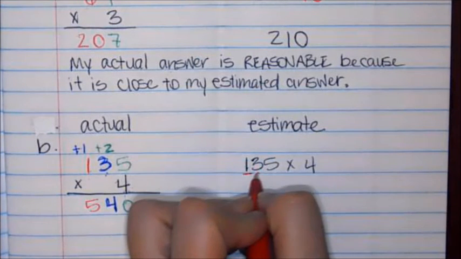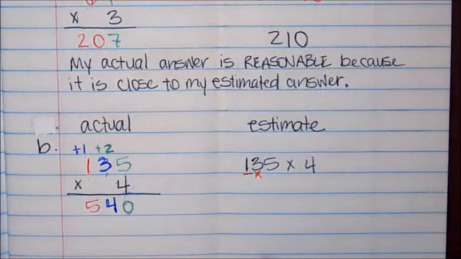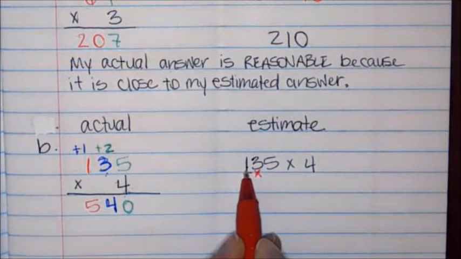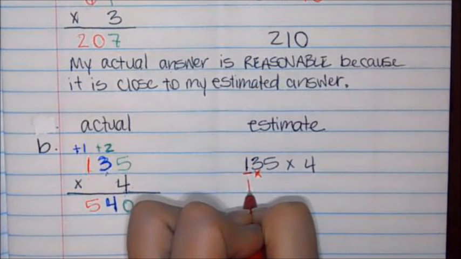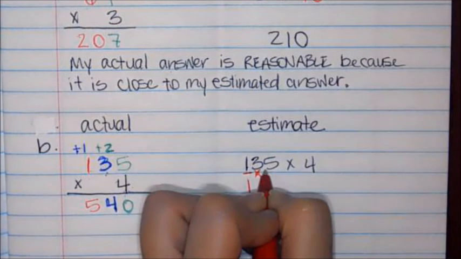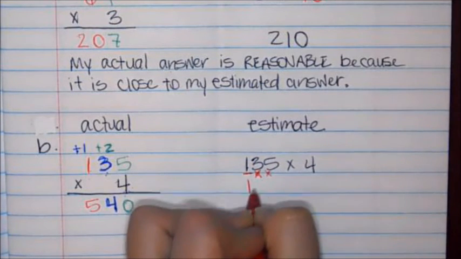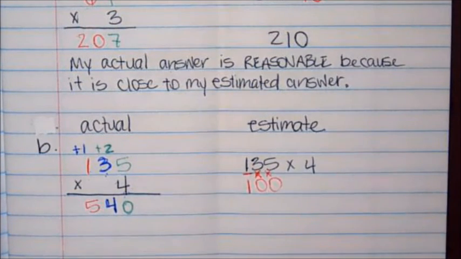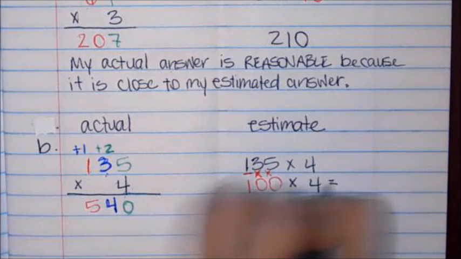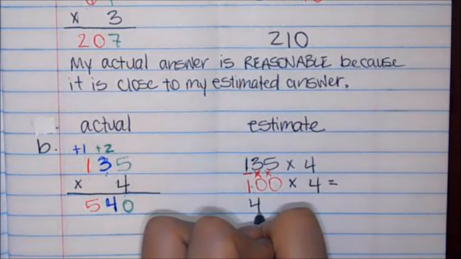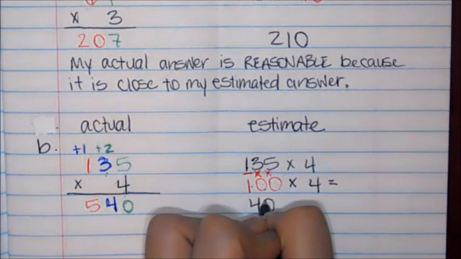So I do not add one more. The number in the front stays the same. That's 100. Numbers in the back, zeros your name. So I have 100 times 4. 4 times 1 is 4, and 2 zeros on the back.